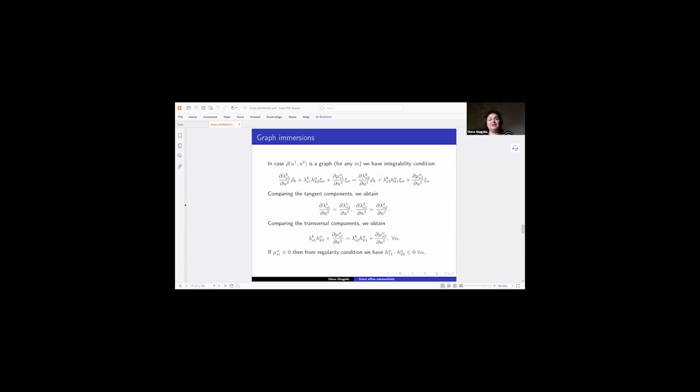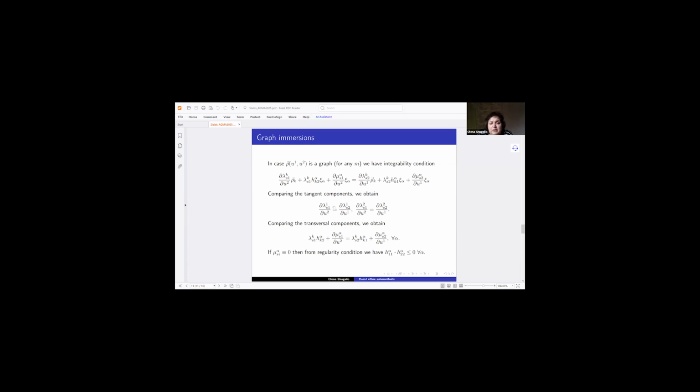For example, we can say that the surface rho is a graph. It may be for any dimension m. Then the integrability condition is much simpler because we have flat connections and every vector psi alpha is constant.